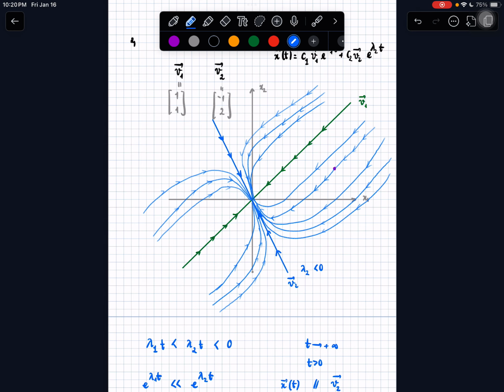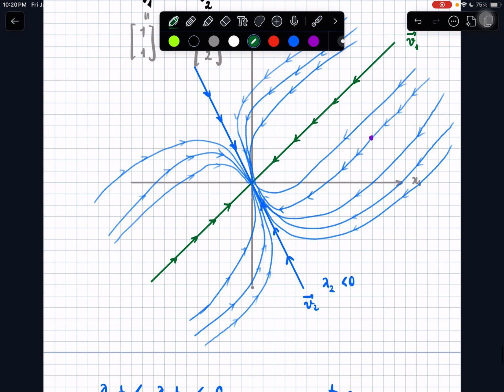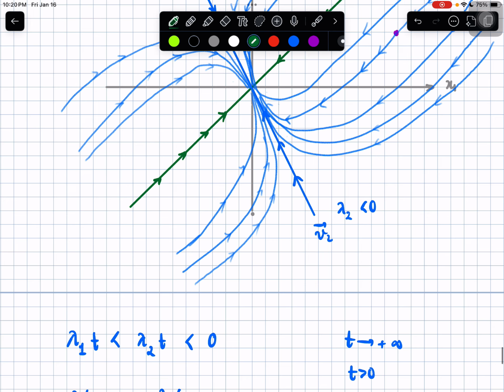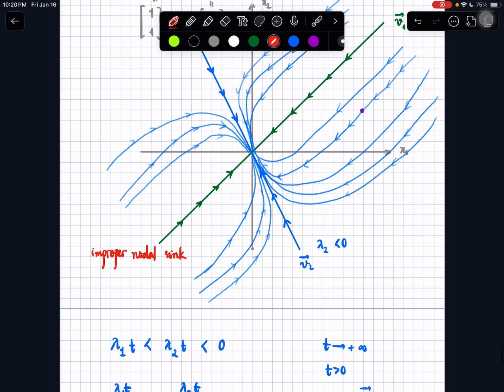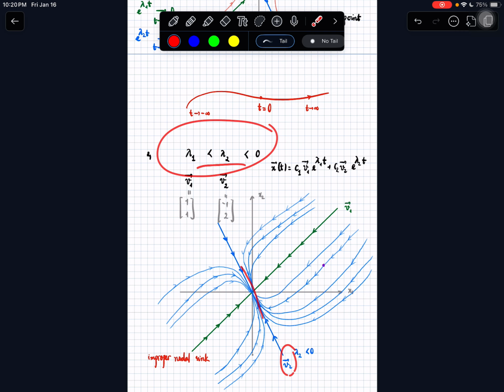In this case, we have a sink, so a nodal sink, and it is improper, because virtually all of them are tangent to this blue line. That is the second case where we have negative, negative. Positive, positive will be similar.